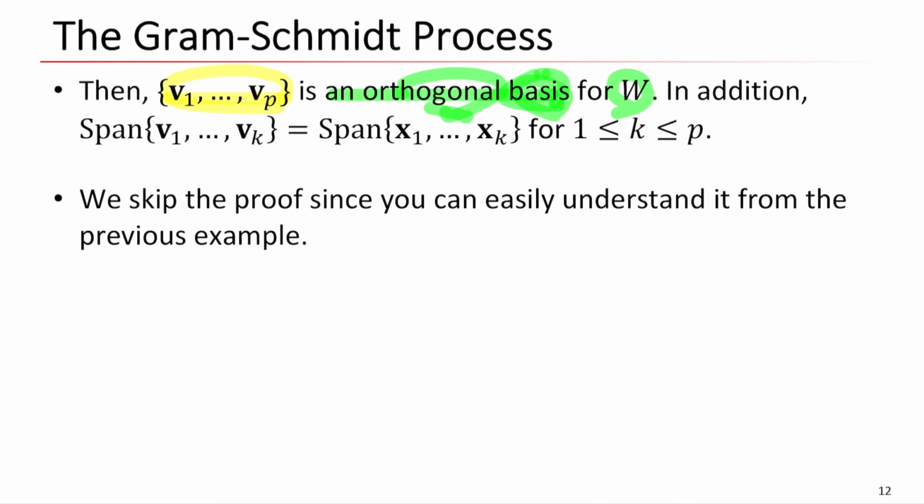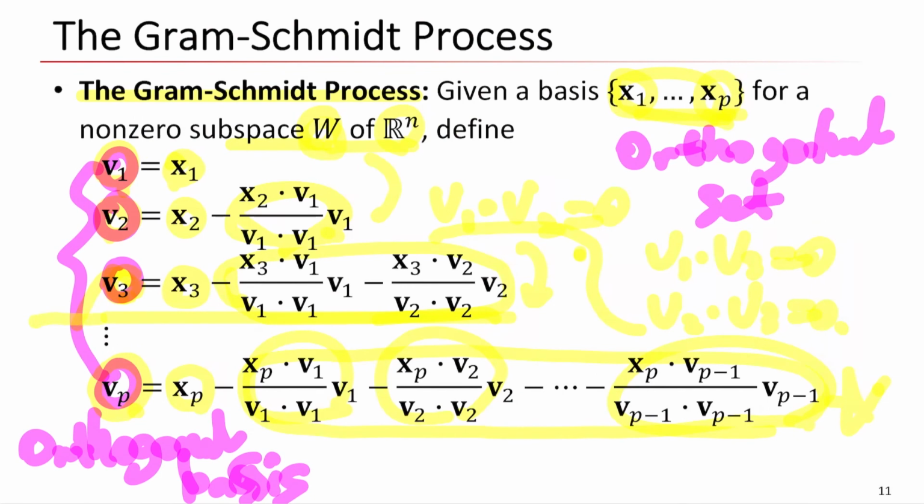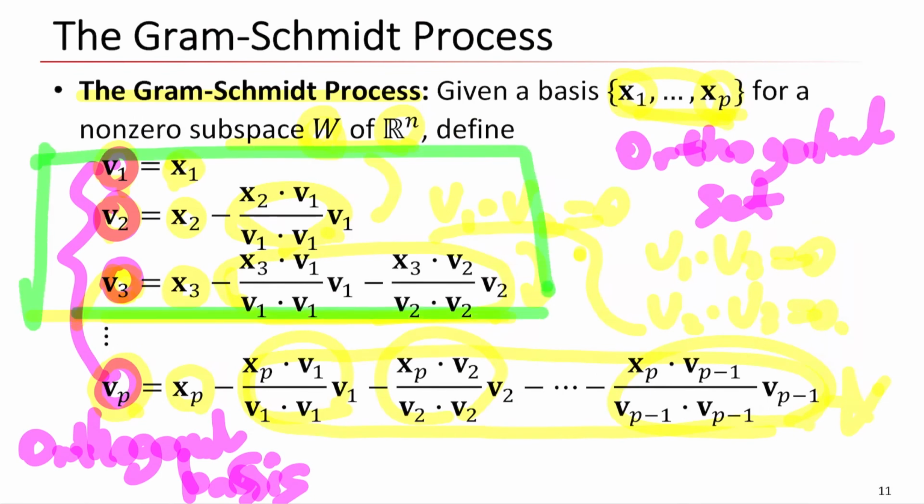And then in addition, the span of v1 through vk is equal to the span of x1 through xk for k larger than 1 and smaller than p, right? So it means that, let's think about this space.